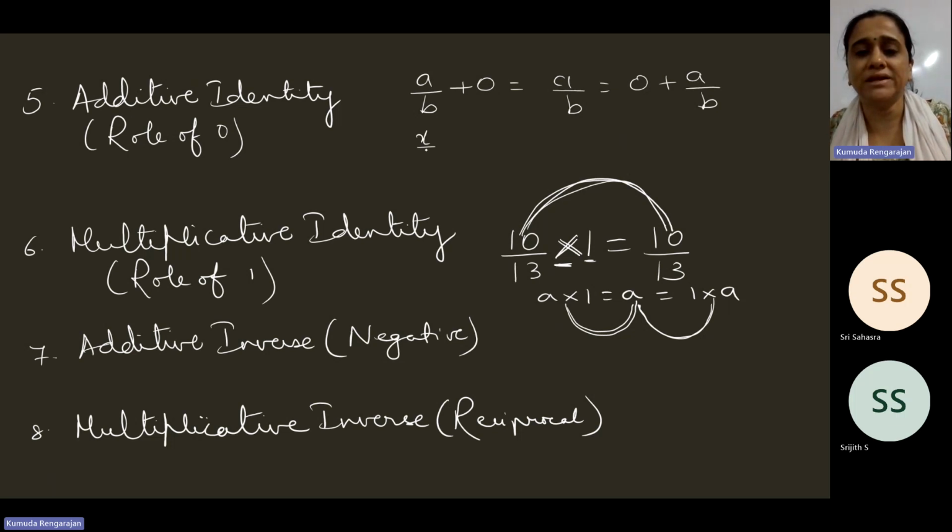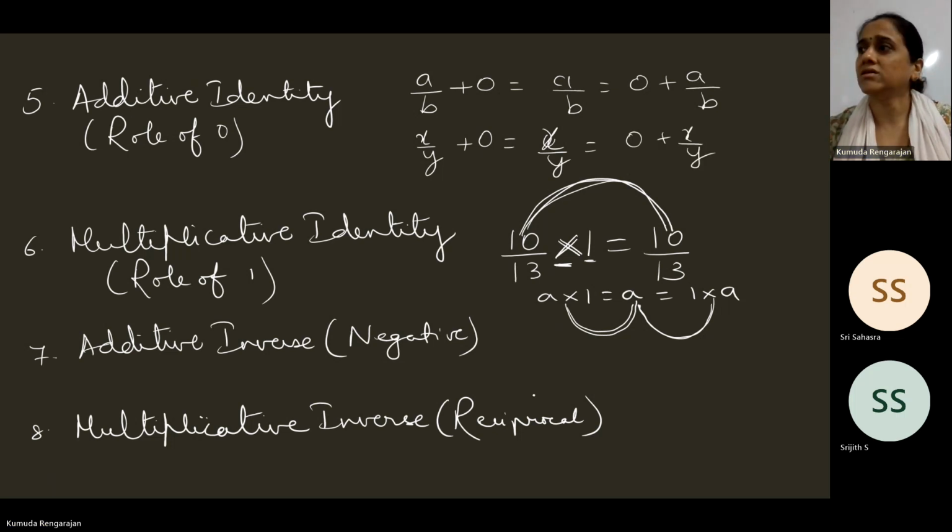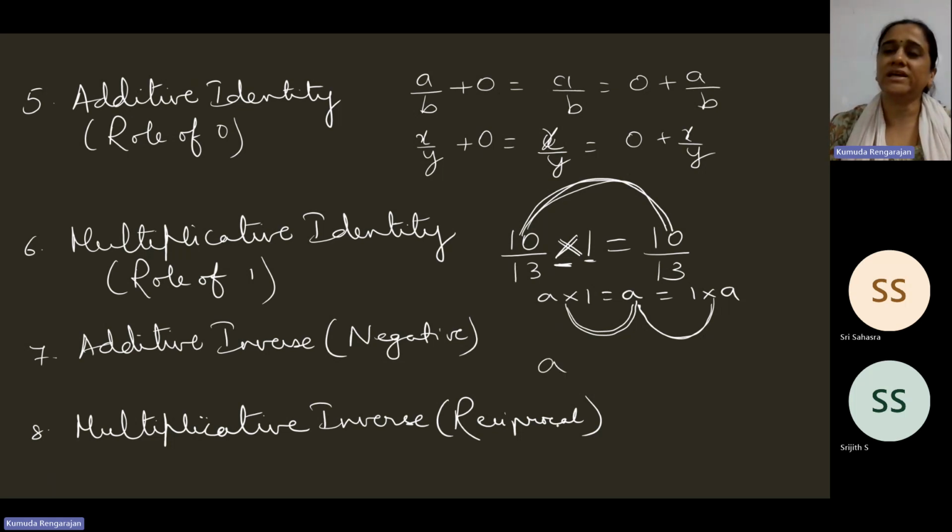Similarly, the rational number can be taken as x by y. X by y plus 0 is equal to x by y is equal to 0 plus x by y. Or they might just take, like we took simply a, as a rational number. So you can take the rational number as a, x, y, z, or like a fraction p by q, x by y.